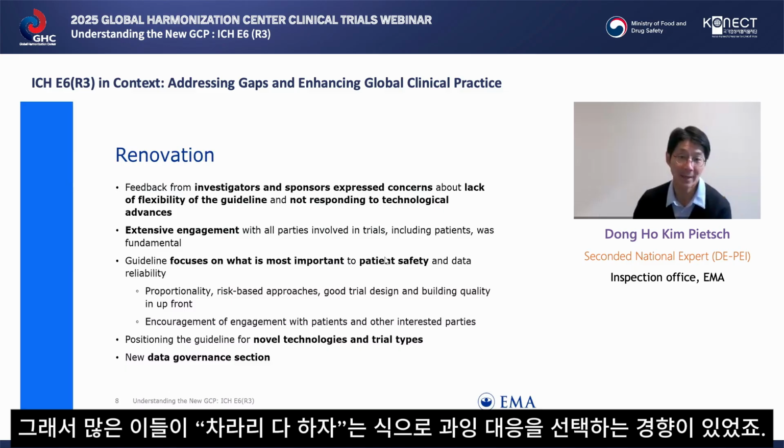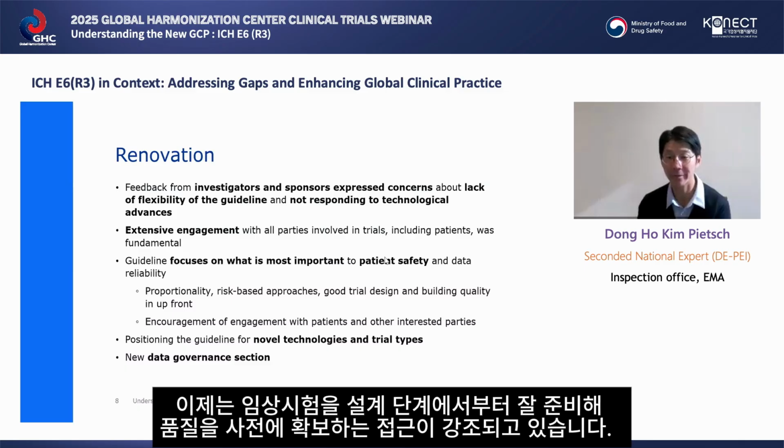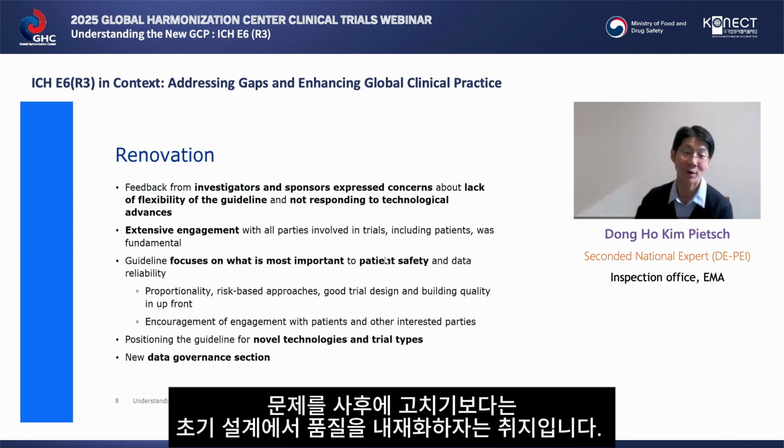It also stresses how we can improve gaps, focusing or refocusing on a good trial design, doing things early on and building quality up front instead of trying to fix something in the middle or even after the trial has ended.